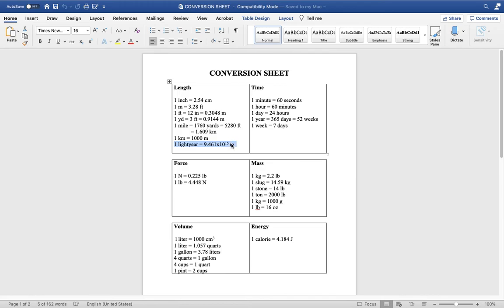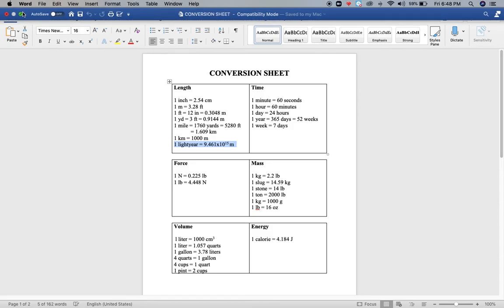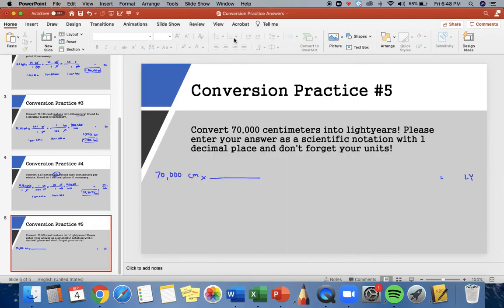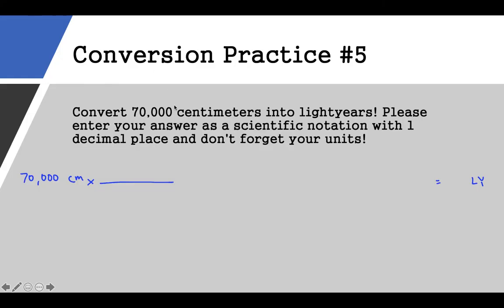So I want to try first to get it into meters, so then I can convert into light years. So let's do that first. I want to convert first into meters, then into light years. And since this is the only time I'm going to come back to this conversion sheet, I need to remember 9.461 times 10 to the 15th meters.